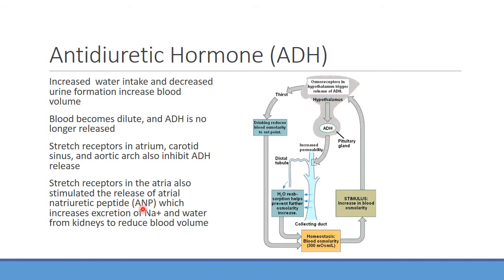Do you guys know what natriuresis means? Basically means lose sodium, to pee out sodium, essentially, right? So that's where you get the name of that. So atrial natriuretic peptide means you're going to be losing more sodium in the urine, and where salt goes, water follows, right? So when you lose that salt, you lose the water that goes along with it. That helps to reduce that blood volume. So think about your ANP being the flip side to ADH essentially.